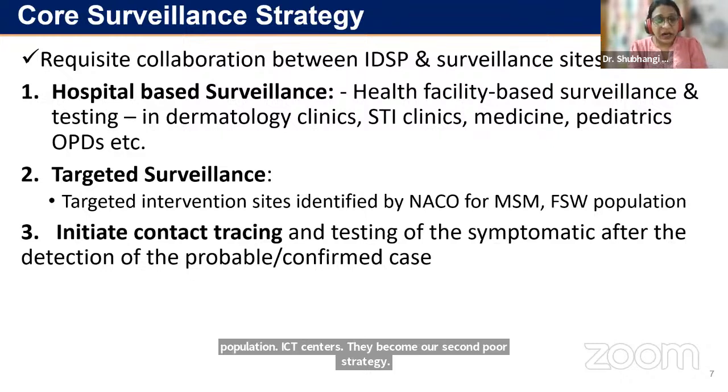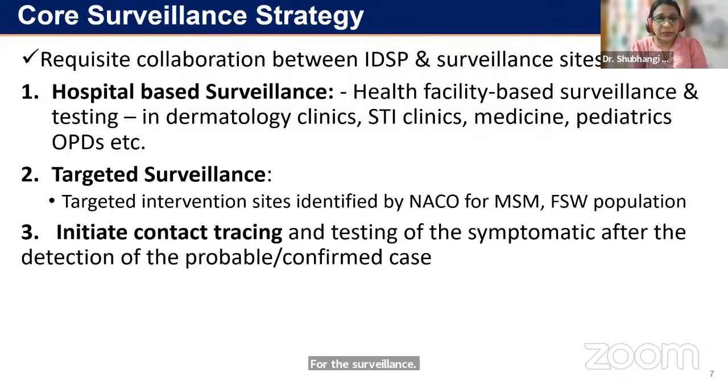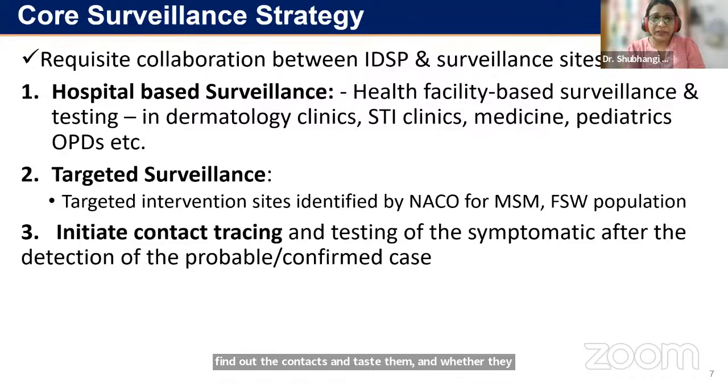As soon as we are able to detect the suspects, as soon as we are able to confirm the case of Mpox, we have to start contact tracing. That becomes our third surveillance strategy. We need to find out the contacts and test them, and whether they are developing any symptoms or not, that we will have to further see.